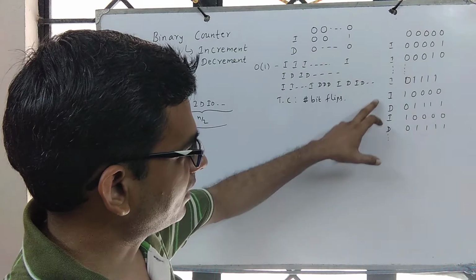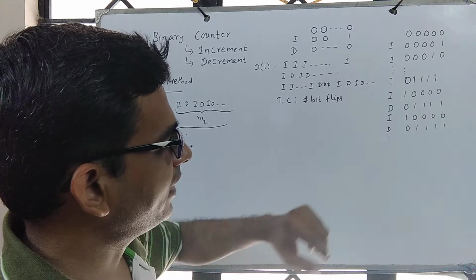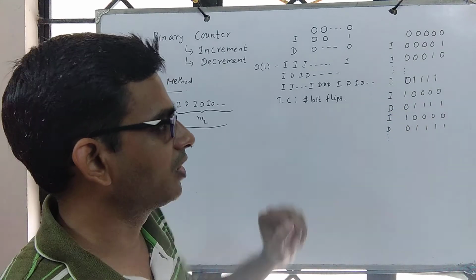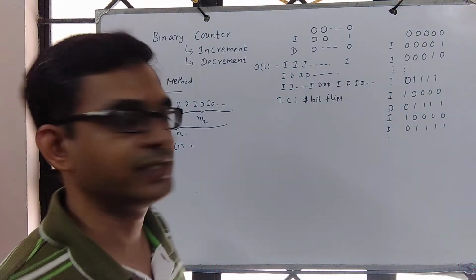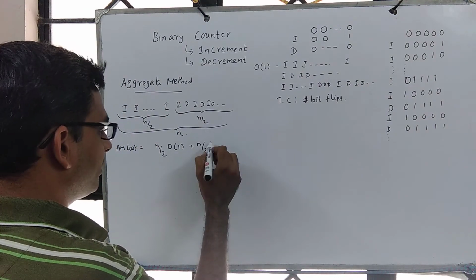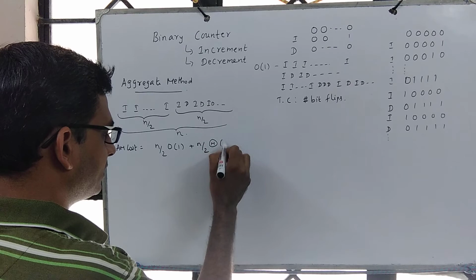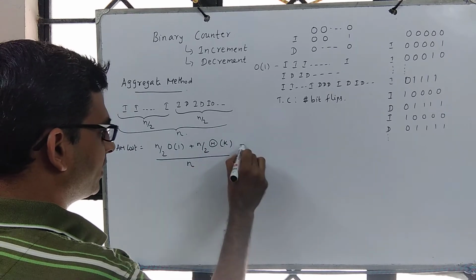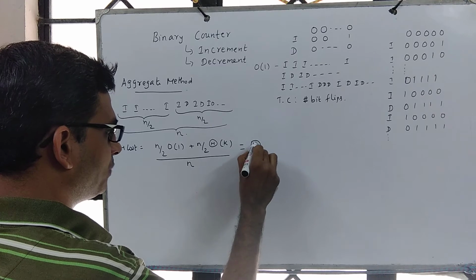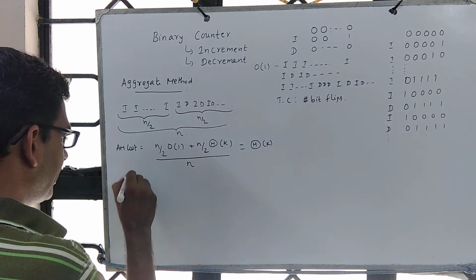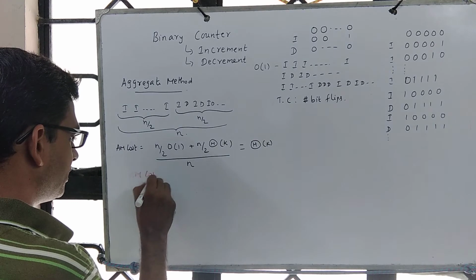Now for the other n by 2 we alternate, and it turns out that each of them takes theta of k, where k is the size of the counter. And in general it is order of k. For this example, it is theta of k divided by the number of operations, and it turns out that this is theta of k.